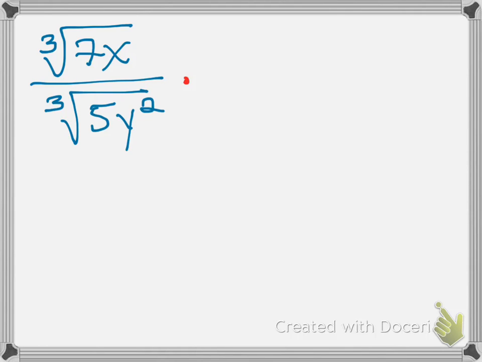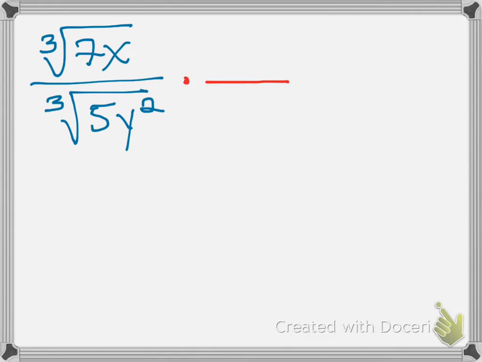And when you do that, you're always going to be multiplying by some version of 1, meaning you're going to be multiplying your original expression by some new expression over itself in order to get rid of that radical expression in your denominator.